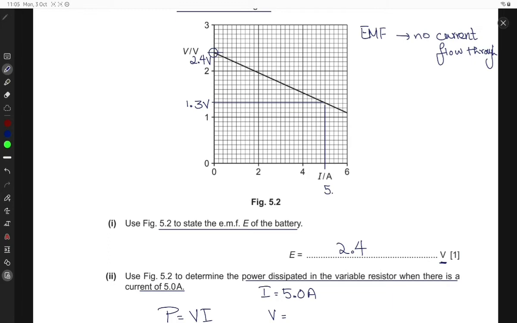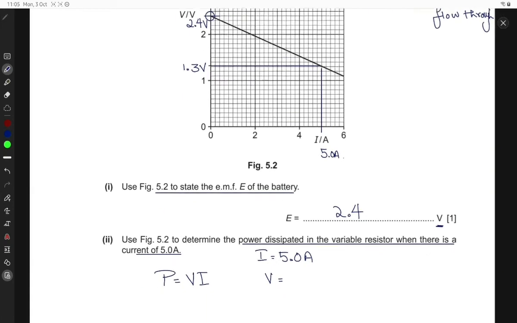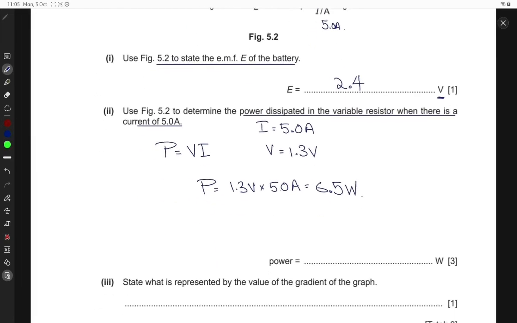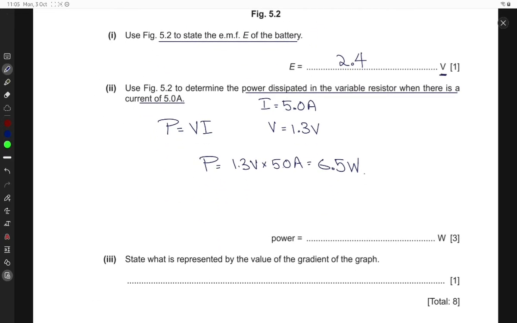So this gives me the power dissipated as 1.3 volts times 5.0 amperes, which is 6.5 watts. So this gives you the answer, 6.5 watts.